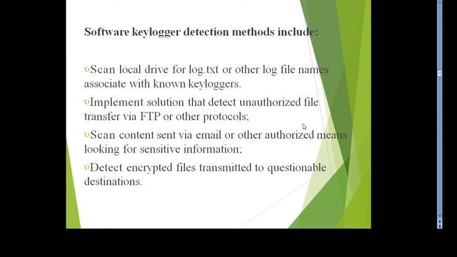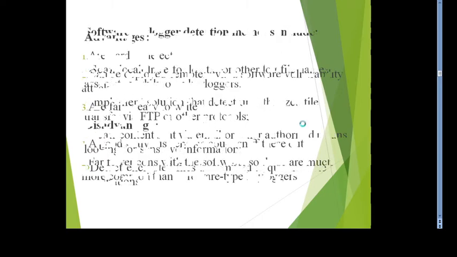Three, scan the content sent via email or other unauthorized means looking for sensitive information. Four, detect encrypted files transmitted to questionable destinations. So these are some methods to detect software keyloggers.